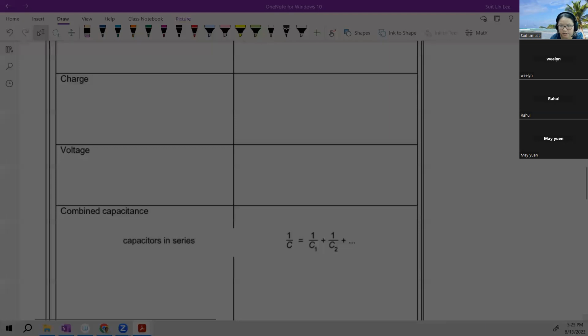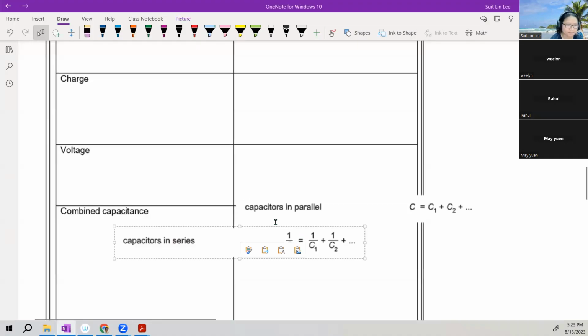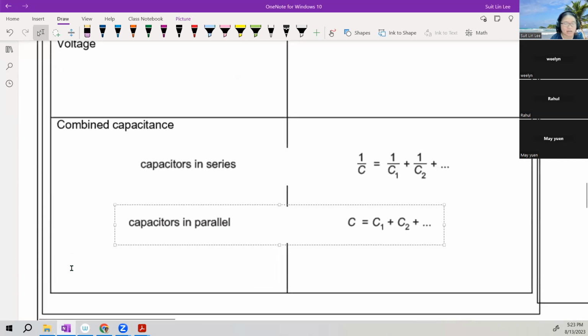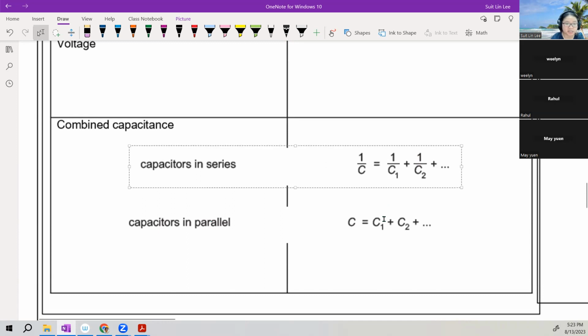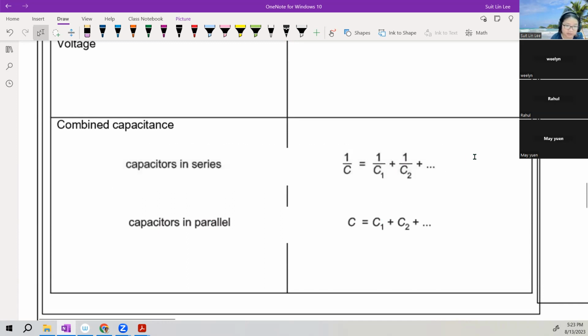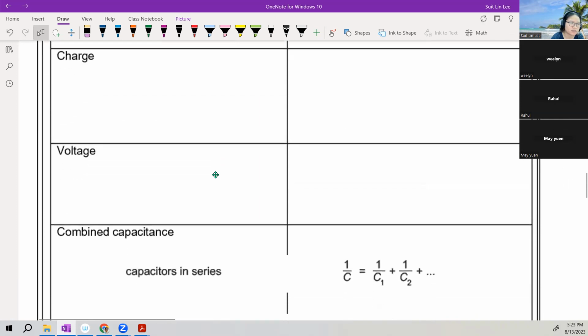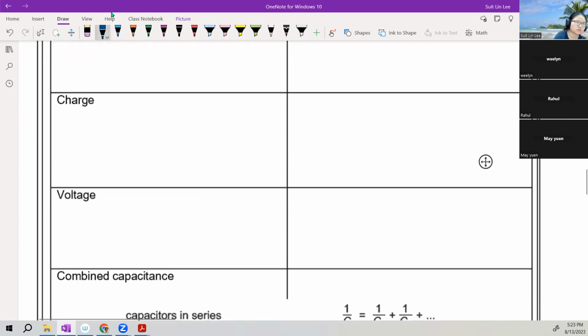But just in case they decide to ask, the ideas are very similar to resistors in circuits. The only difference is that the identity has changed. If you look at the lecture video, we will derive the identity for you. But today I want to point out a few things. Number one, if you have capacitors in series, the charge is equal.